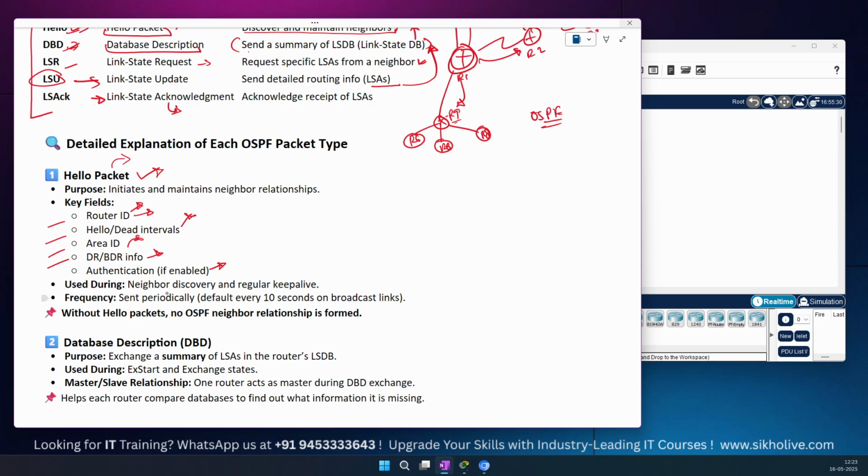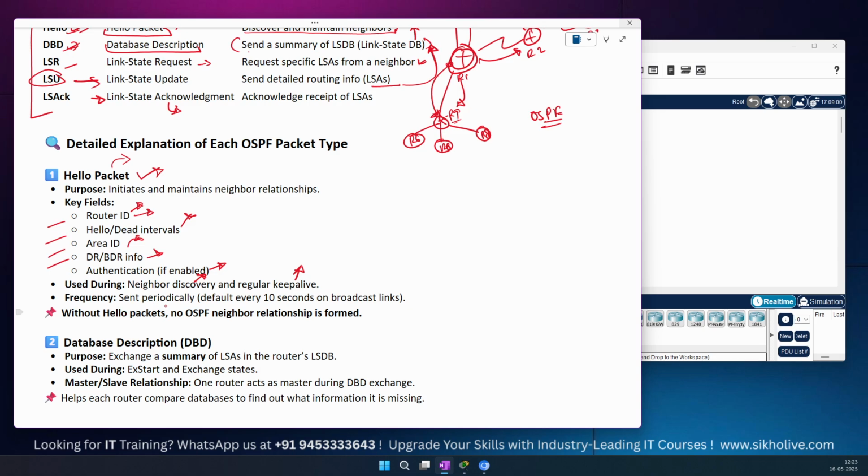It is used during neighbor discovery and as a regular keepalive. For example, this router sends the hello packet to the neighbor router at every specific period of time, and by means of the hello packet it maintains the keepalive and discovers the neighbor.